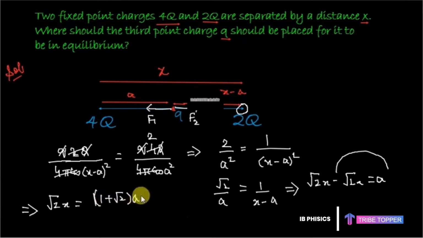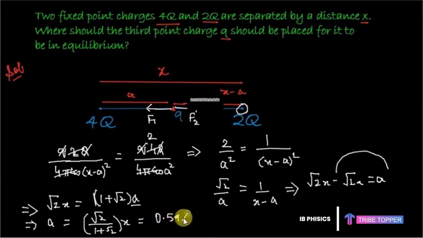But I want to find out this distance a, therefore keeping a on the right hand side, we can say a is equal to square root 2 upon 1 plus square root 2 times x, and when we solve this we get 0.59 times x.